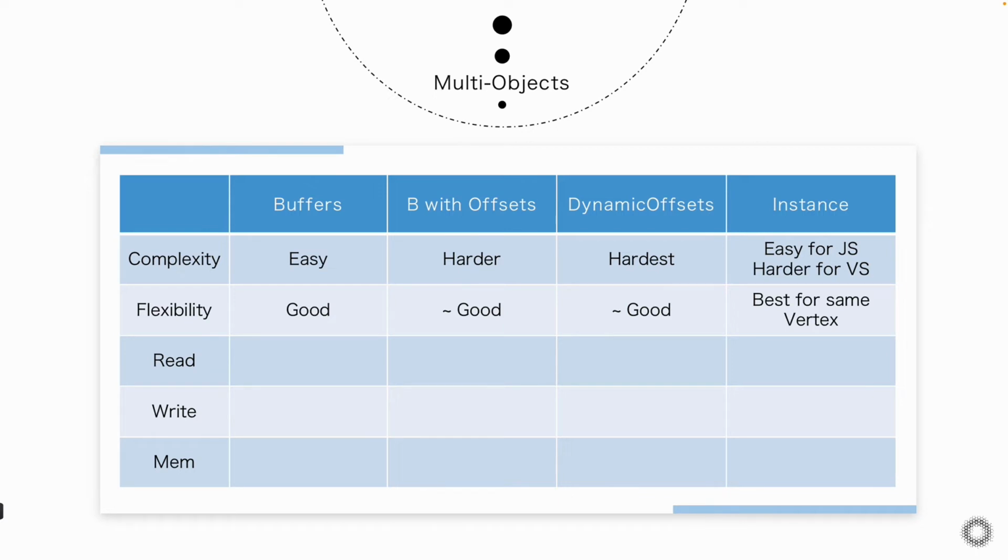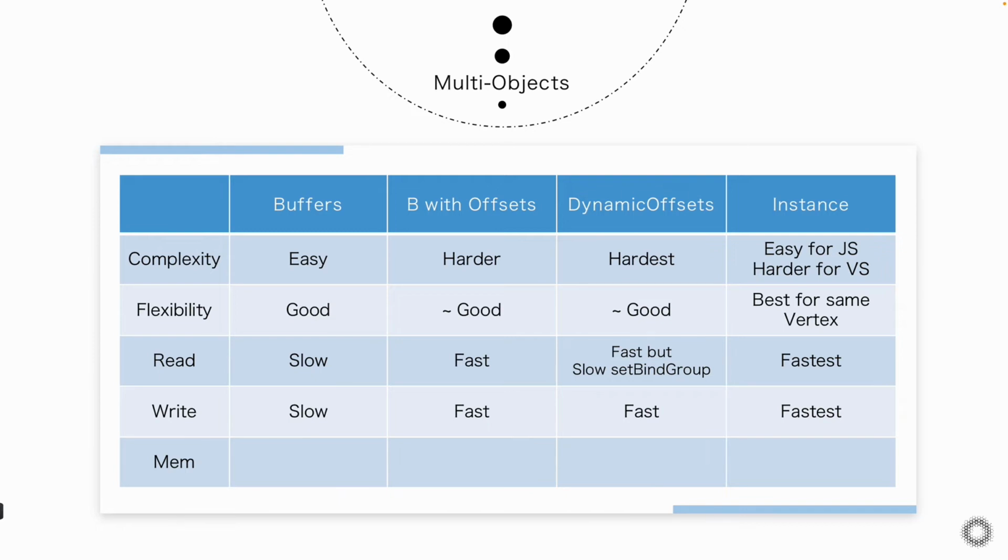For read speed, we just tested. The first method is the slowest, and the second and third with continuous buffer are much faster. But running dynamic offsets in JavaScript will be slower. So the third method will be good for scenarios where groups need to be created dynamically. And the fourth method is the best, but it just works for switching between the same models.